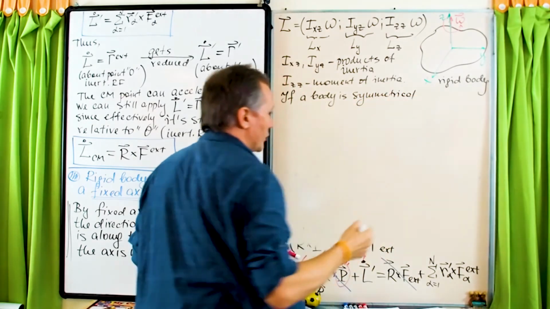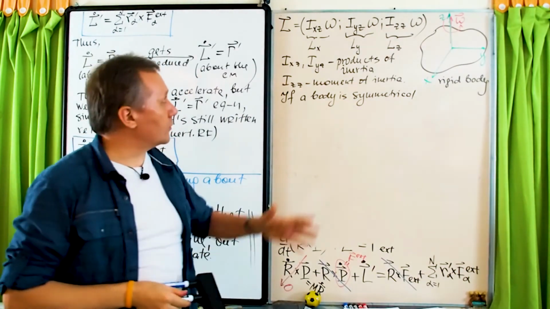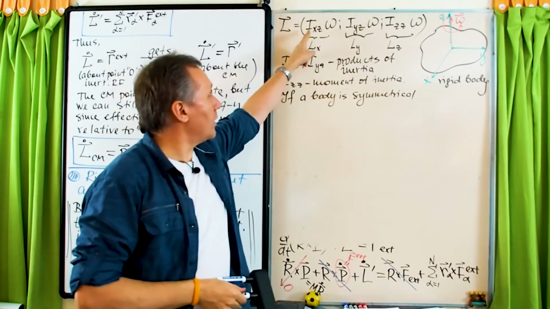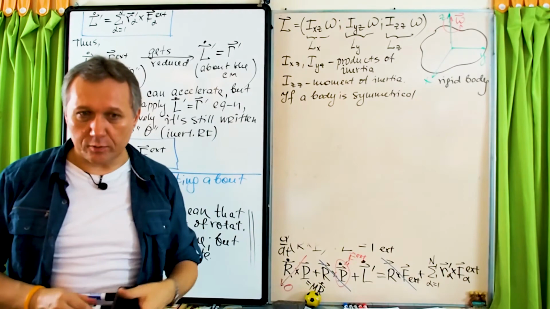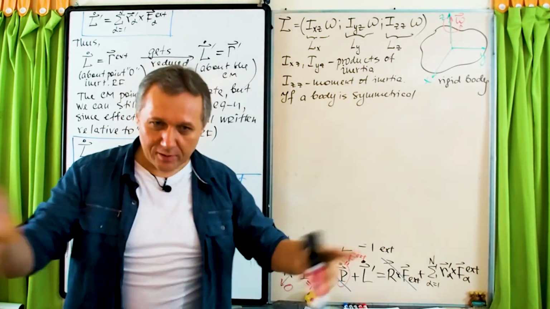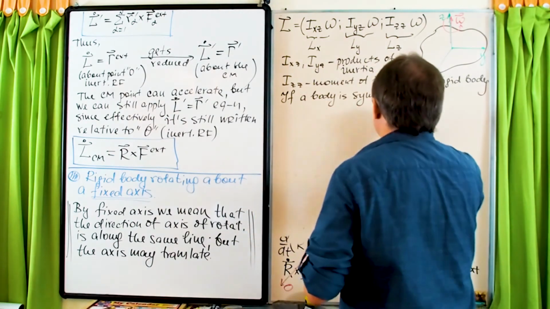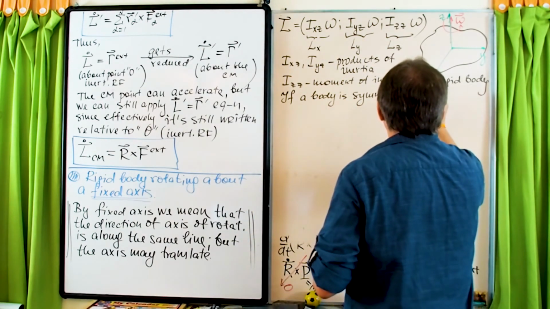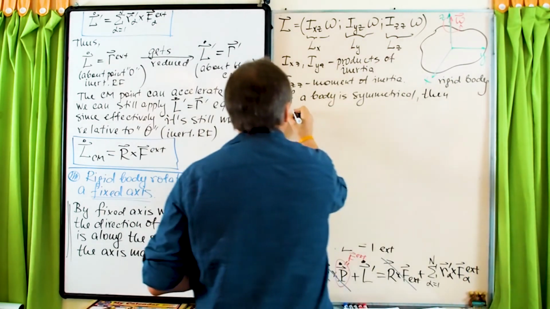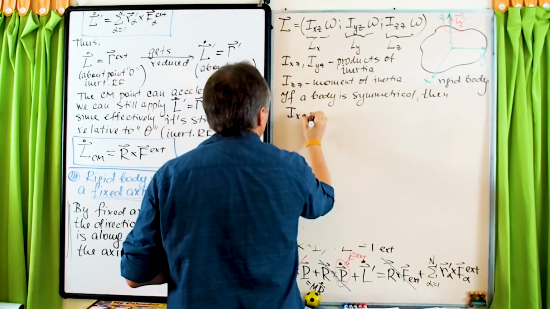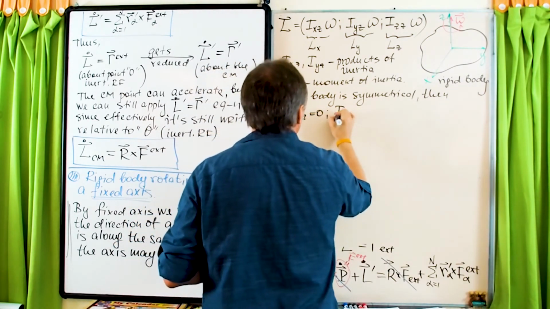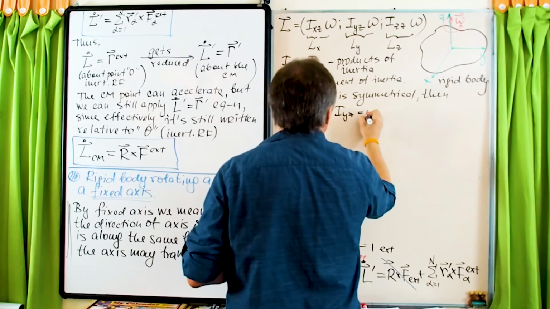It can be easily shown because when you derive this, you can look at the expressions for Ixz and Iyz. You see that if there is a symmetry, terms will be cancelled, right? So if a body is symmetrical, then Ixz equals 0 and Iyz equals 0.